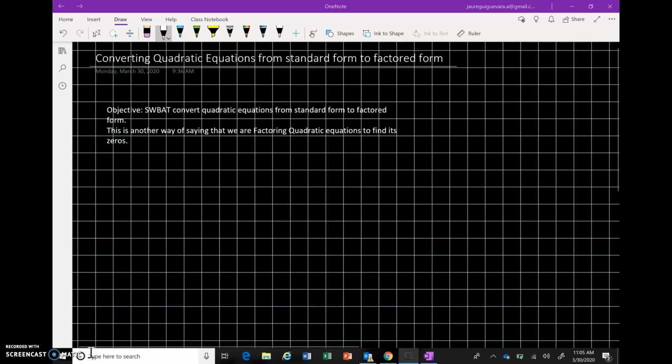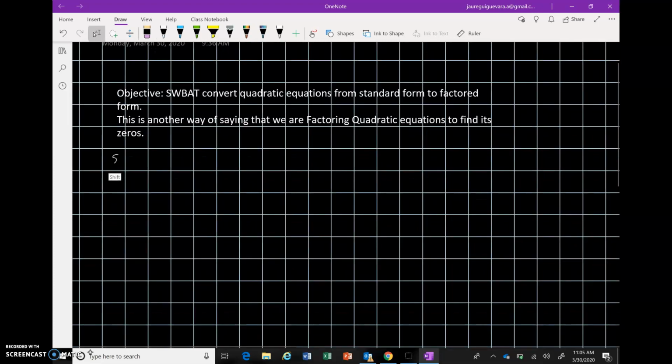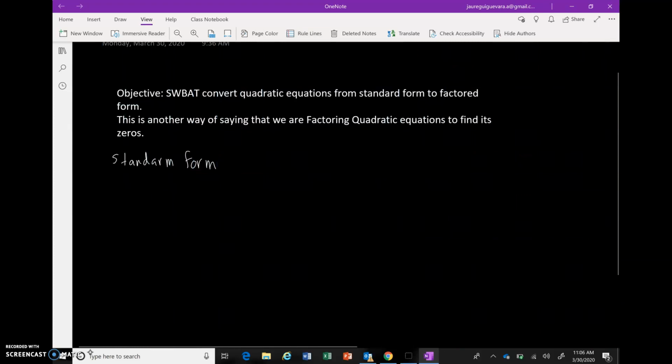We knew from school that standard form was y is equal to ax squared plus bx plus c.